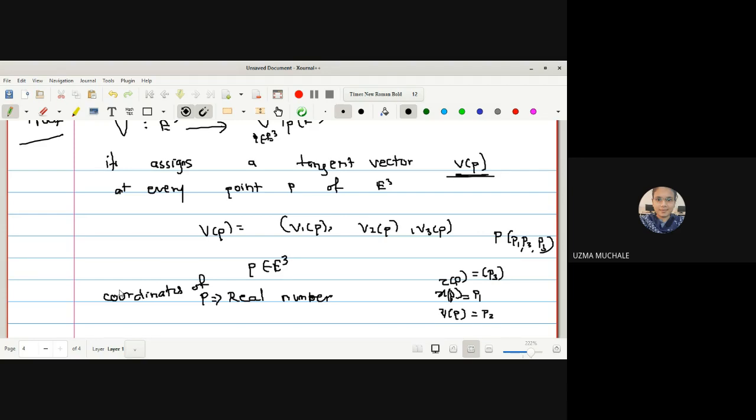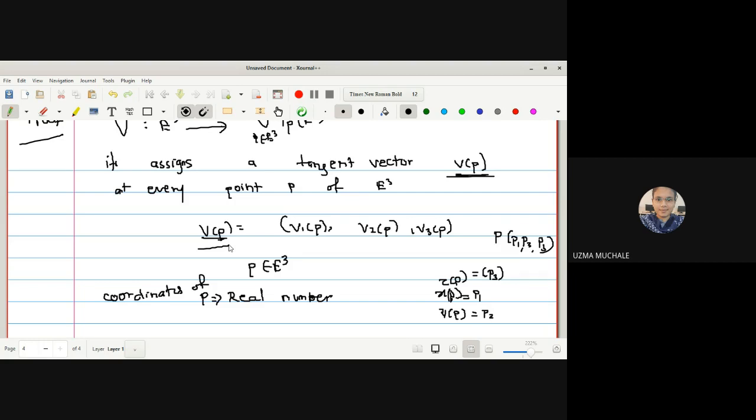Okay. So out of all the vector field, if I go to one point, I will get one small tangent vector there. Correct? So what is P? P is only one point.